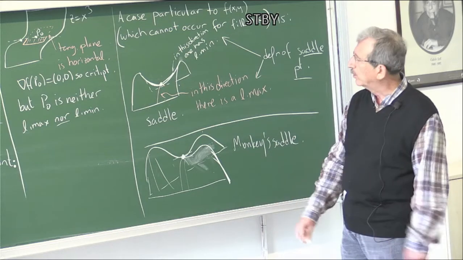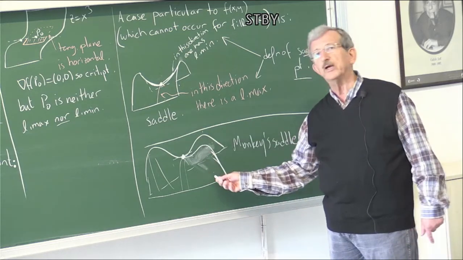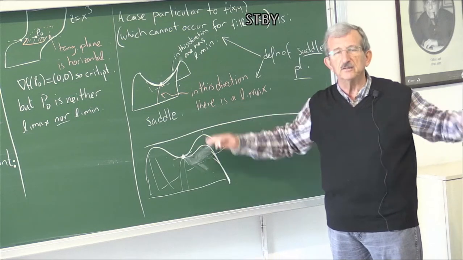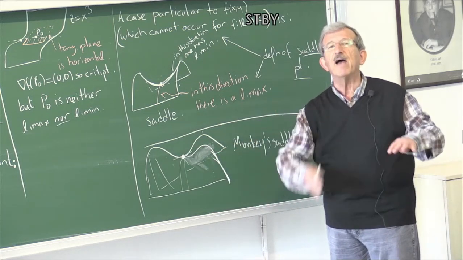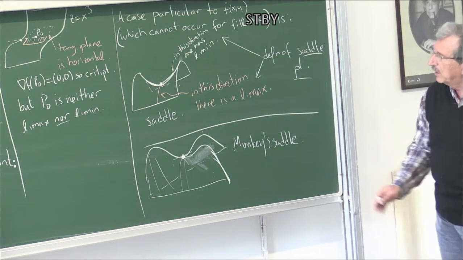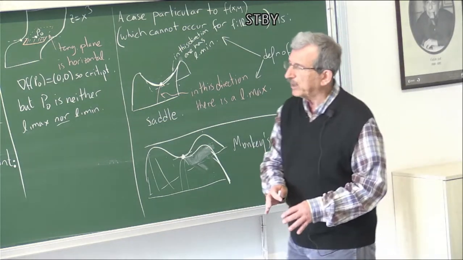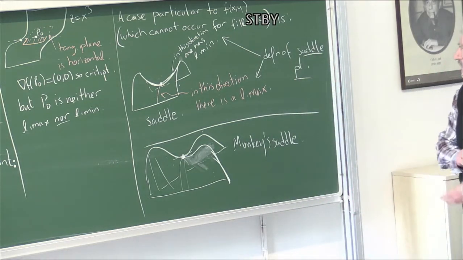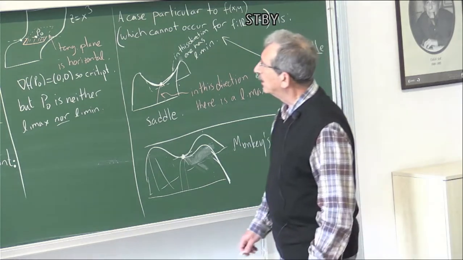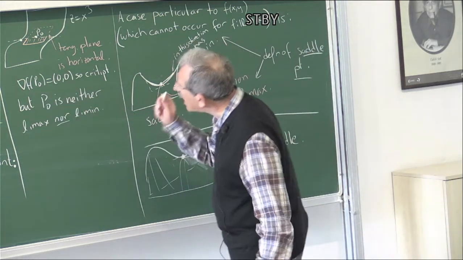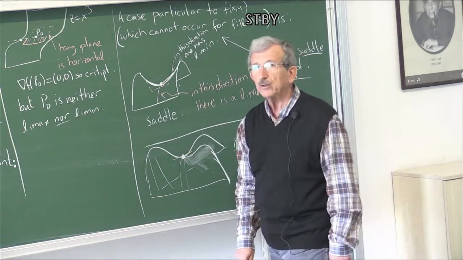Even more so, you can have more than two hills. One hill may split into lots of hills, and you can have various valleys between them. So this is also possible. Surfaces are quite rich in this sense. So at any rate, we now know that a critical point need not be a local minimum or a local maximum.